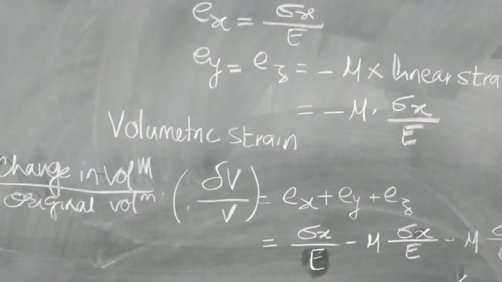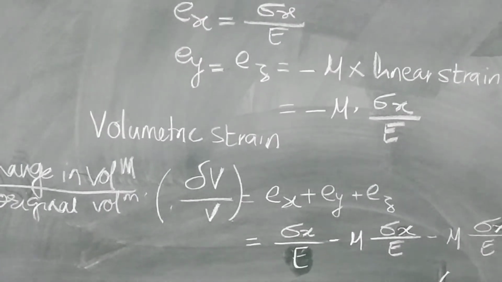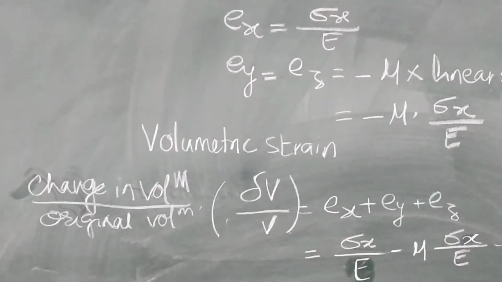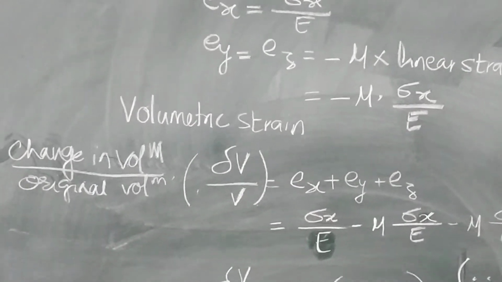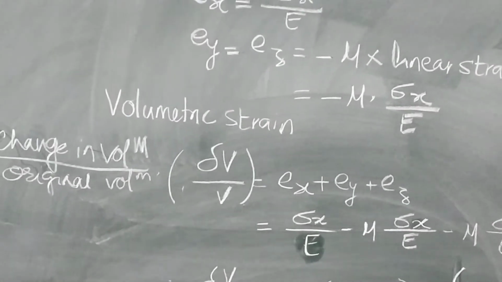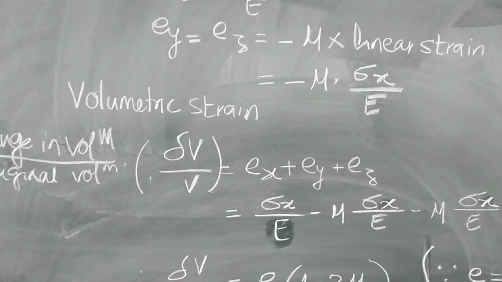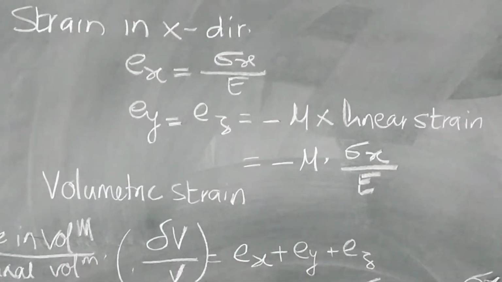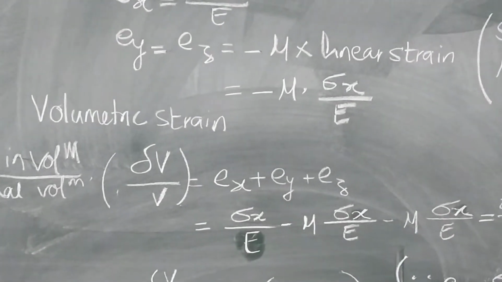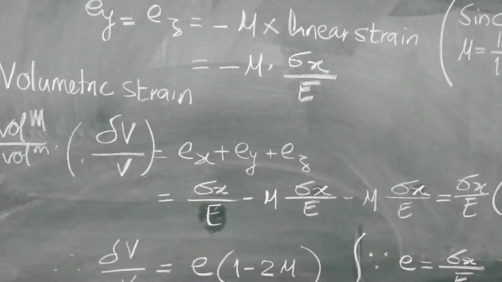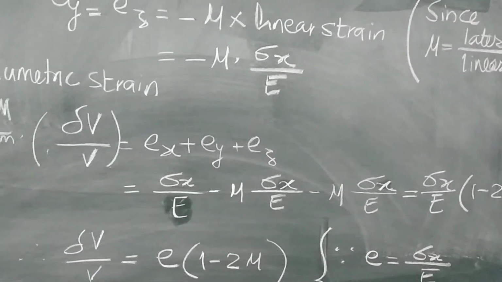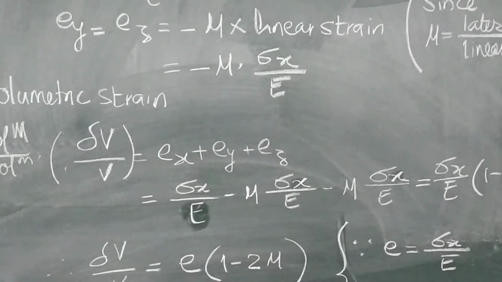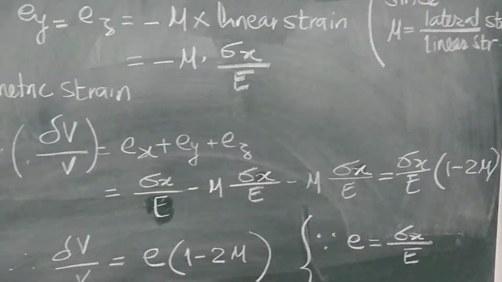So let us add all these: sigma x upon E, because we have already discussed Ex is equal to sigma x by E. So replace these values of Ex, Ey and Ez: sigma x upon E minus mu into sigma x upon E, because we have already derived this for Ey and Ez, minus mu into sigma x upon E. Now take out sigma x upon E common, 1 minus 2 mu.